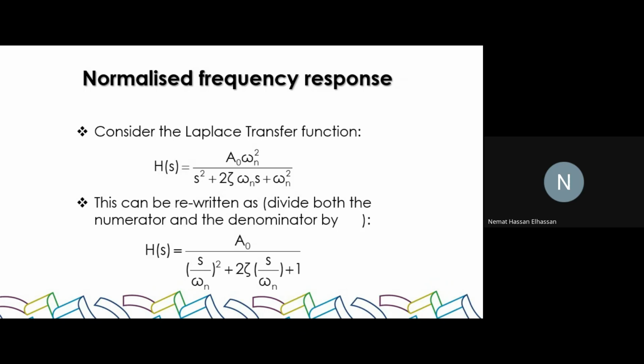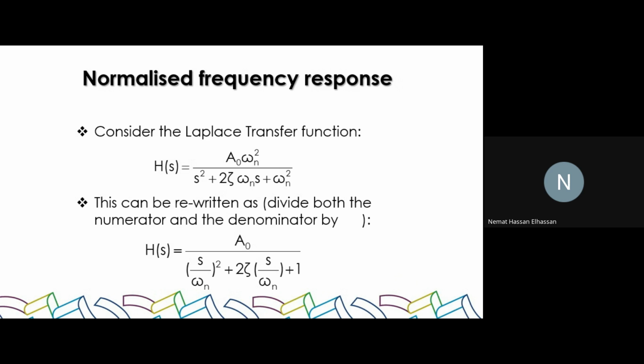How can we do that? If one has 50 kilohertz and one has, let's say, 10 megahertz, you take the first one and divide its frequency response by 50 kilohertz, and take the second one and divide it by 10 megahertz. So what essentially you do is you make them both have the same cutoff frequency value, which is 1. If you divide the frequency by its own value, it becomes 1, right?